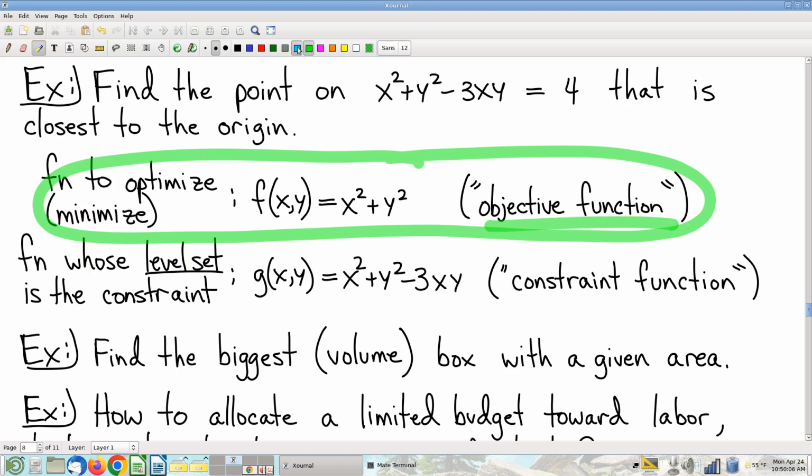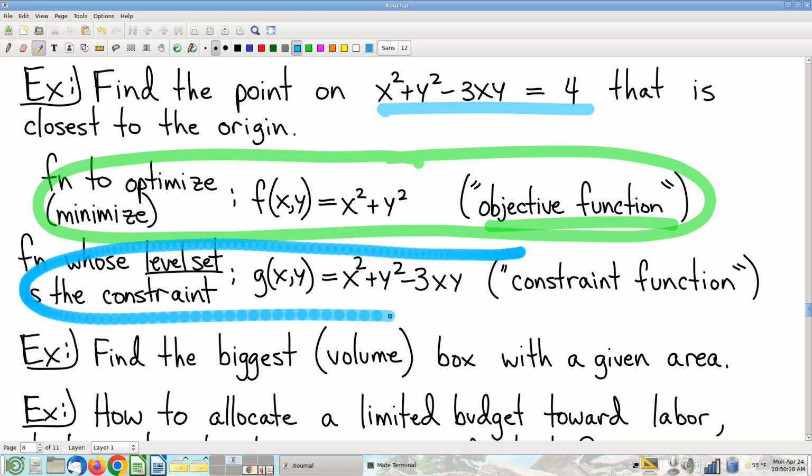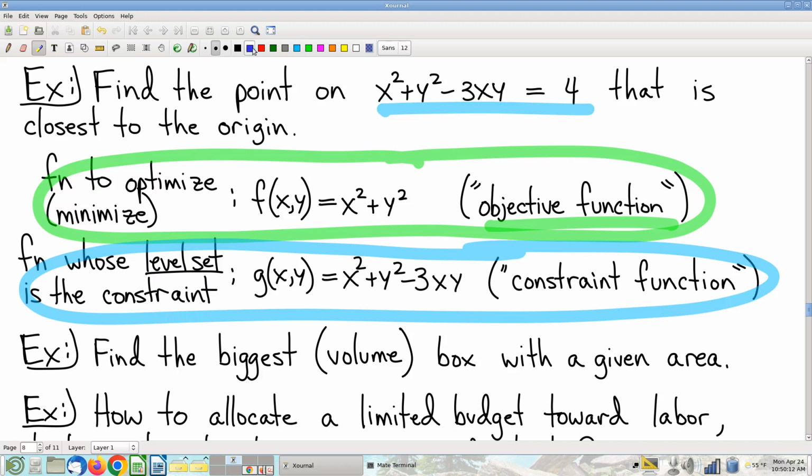And then we're going to talk about the constraint as being a level set, and this is very important. It's got to be a level set. View your constraint as being a level set of what we're going to call the constraint function.